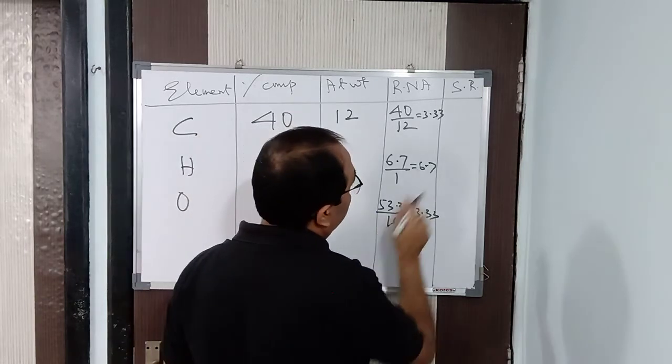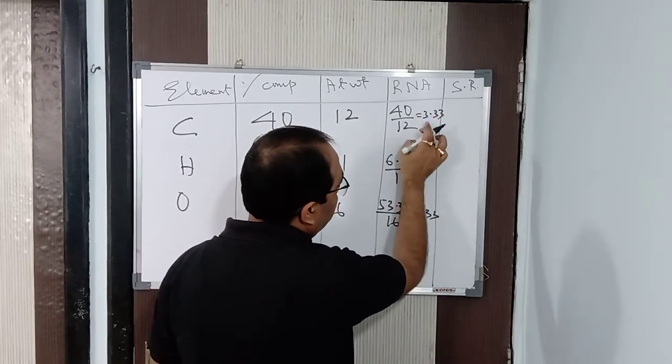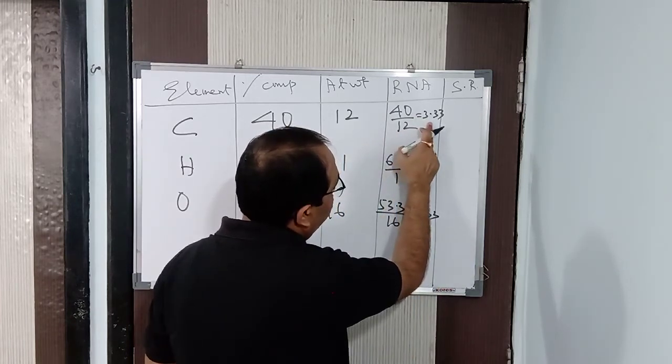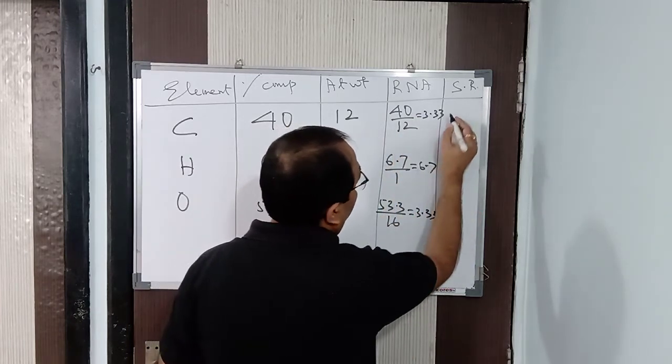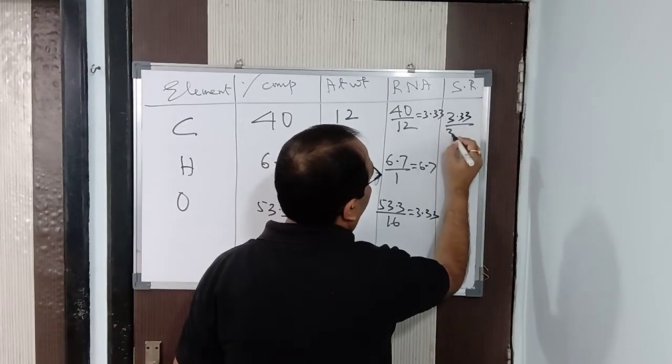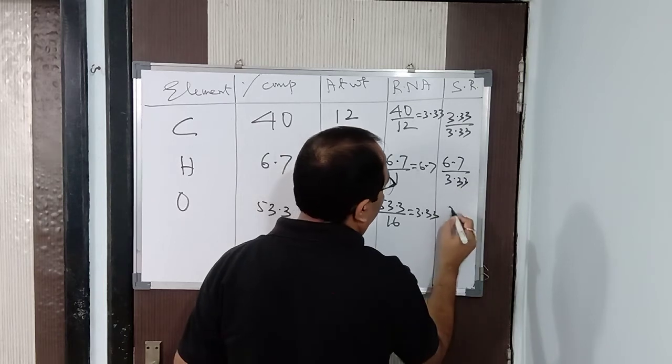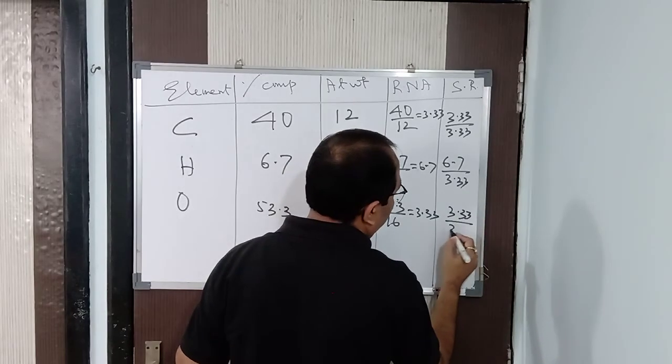Now, for the simple ratio, you have to divide these numbers by the smallest one. The smallest is 3.33. So 3.33 by 3.33, 6.7 by 3.33, and 3.33 by 3.33. Always divide by the smallest one.